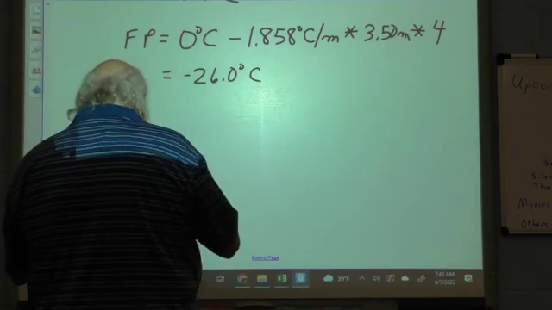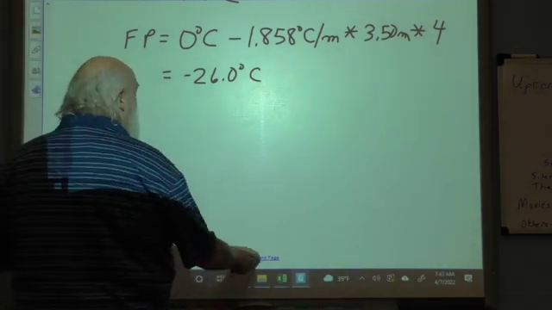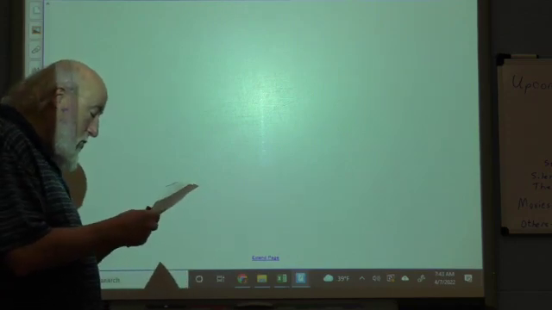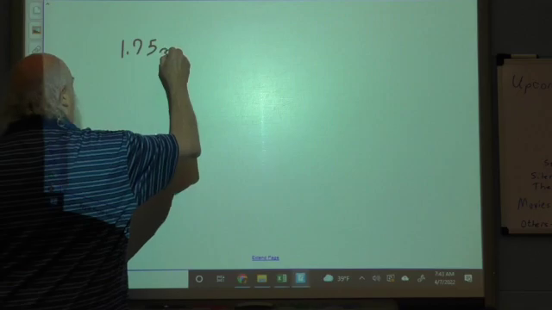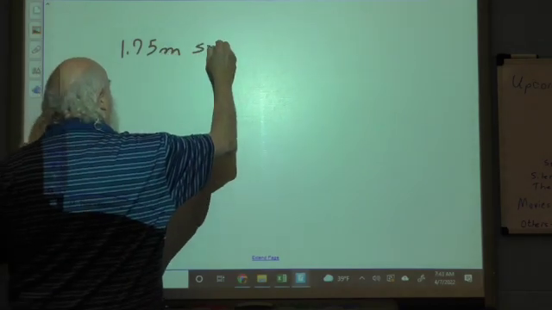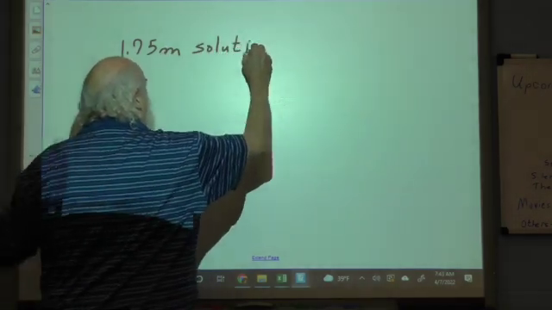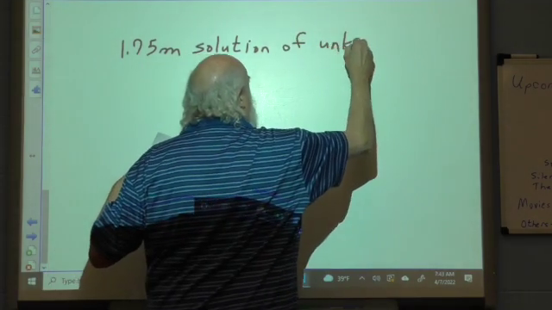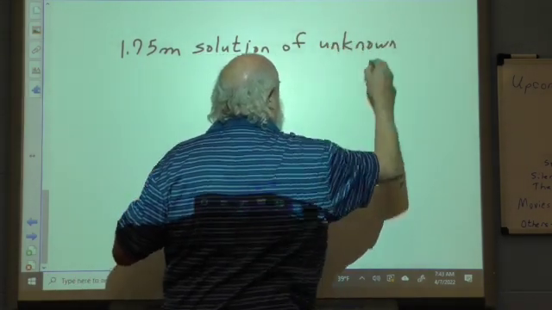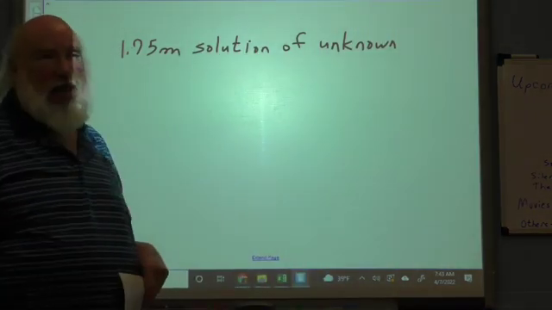So let's take this scenario that I've also included in your script. We have a 1.75 mole per kilogram solution of some unknown. So I don't even know if it's ionic or covalent. And that's really not the point.